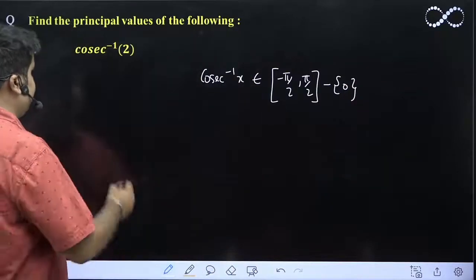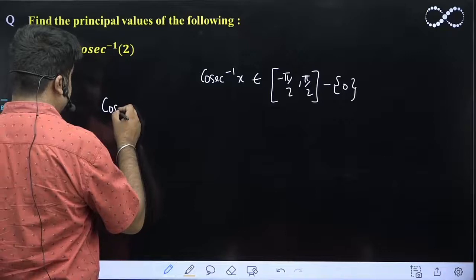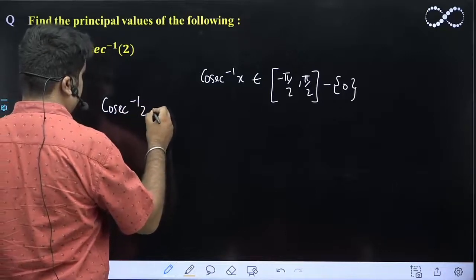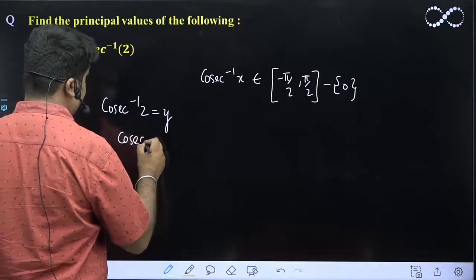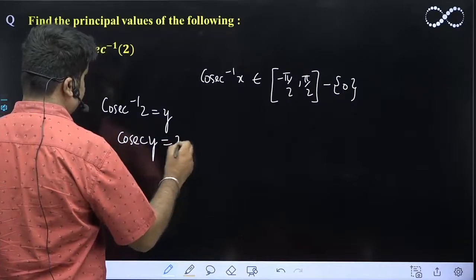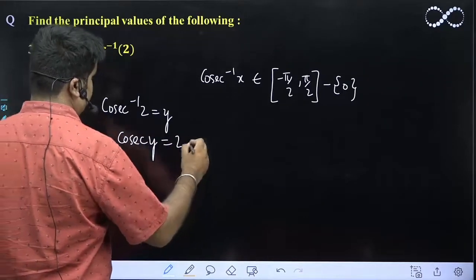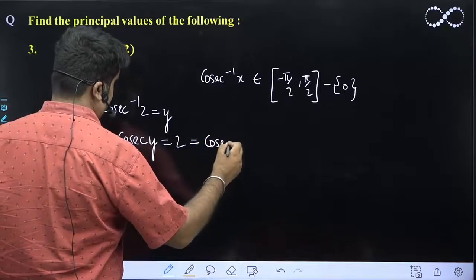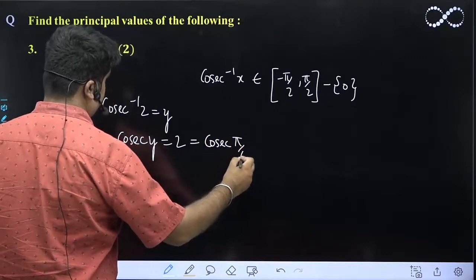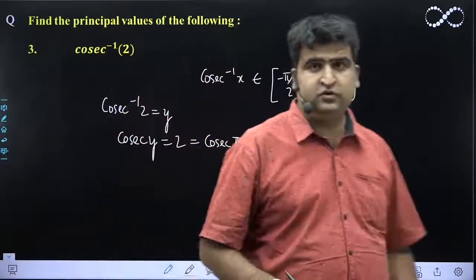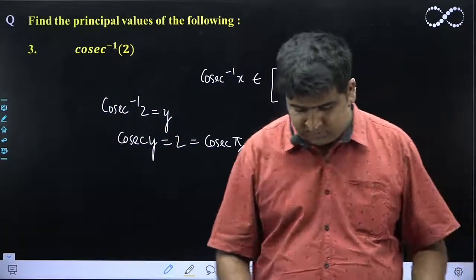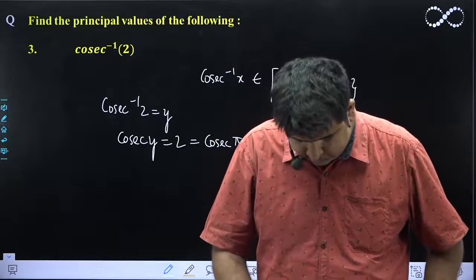So you have to find the value of cosecant inverse 2. Let's say this is equal to y. Therefore, cosecant y is equal to 2, which is equal to what? Cosecant pi by 6. So it's again a pretty similar one, right?